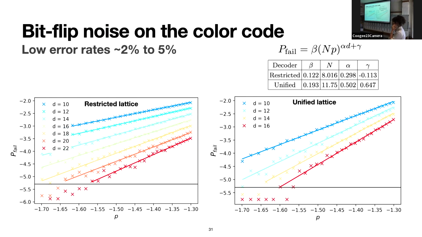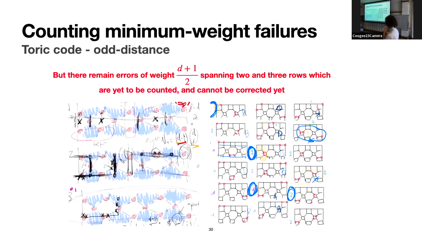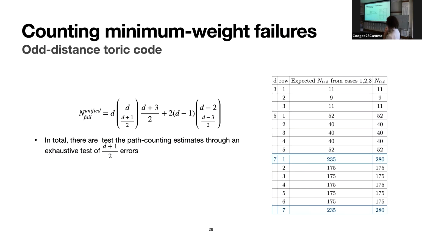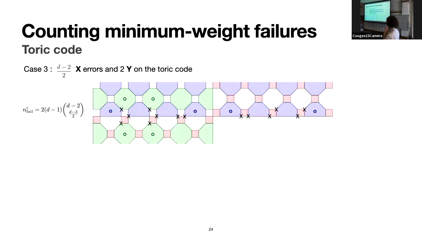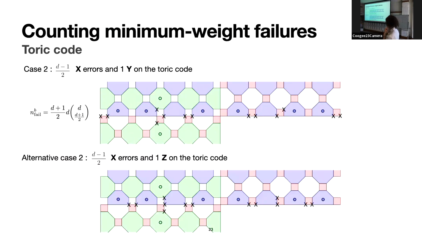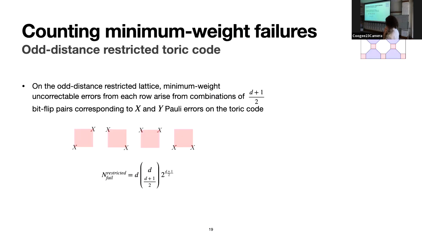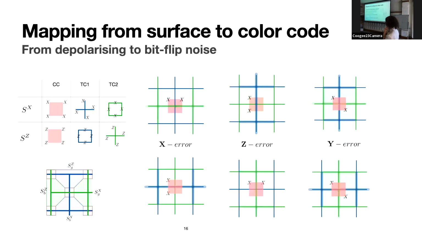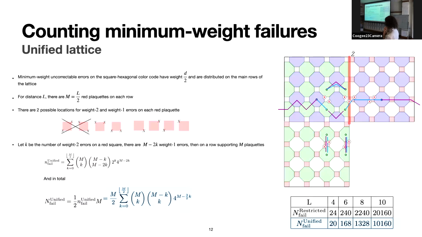I guess you're unfolding twice, but also they're matched at the boundaries. I haven't actually thought about the boundaries much of the restricted lattice. So these aren't like decoupled toric codes, right? Or actually, no, it's not true. They have to be because we mapped onto the, I don't know, it's a good question.